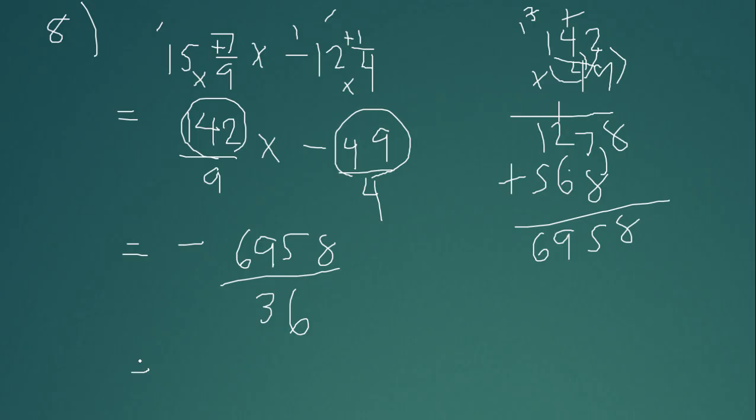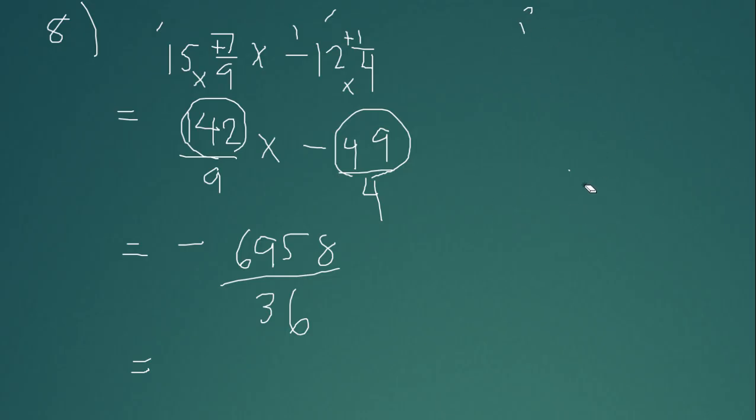Now, kailangan natin mag-divide for this. So, divide natin yung 6958 divided by 36.